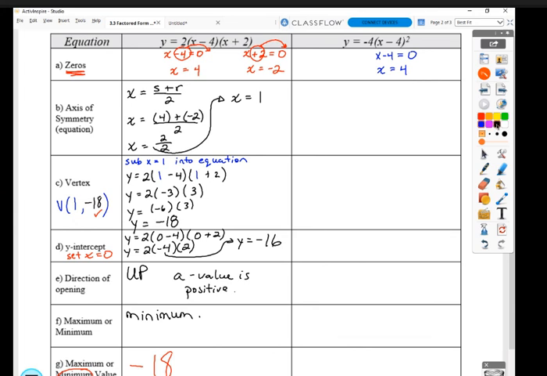Now it's like, well, how do we get the axis of symmetry? Well, see how this is squared? Really what it's referring to is this, x minus 4, x minus 4. Because when something is squared, it's just multiplied by itself. So in theory, there are two of the same x-intercepts.